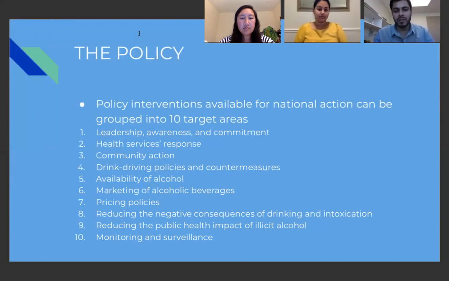Number 6, marketing of alcoholic beverages. Number 7, pricing policies. Number 8, reducing the negative consequences of drinking and intoxication. Number 9, reducing the public health impact of illicit alcohol. And number 10, monitoring and surveillance. We'll discuss each of these target areas in depth as we proceed forward.